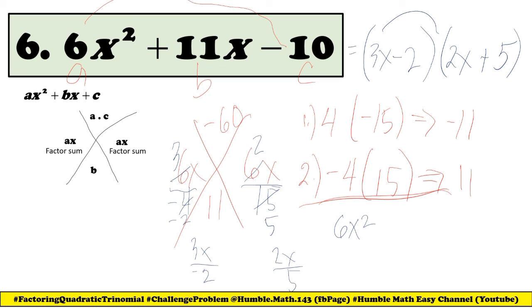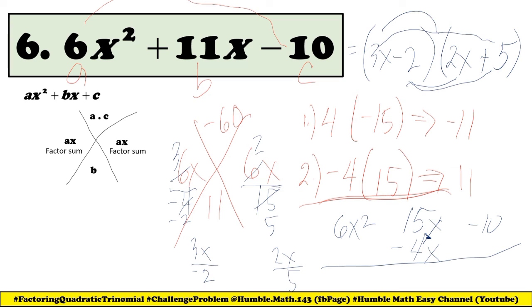Then 3x multiplied by 5, and that is 15x. Then negative 2 times 2x is negative 4x as the product. Then negative 2 times 5 is negative 10.